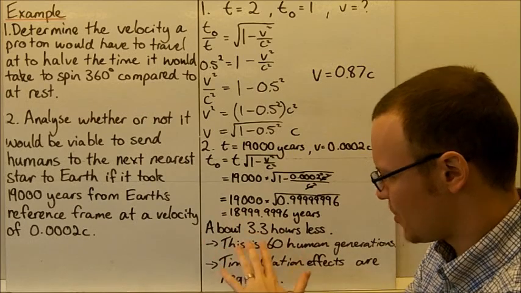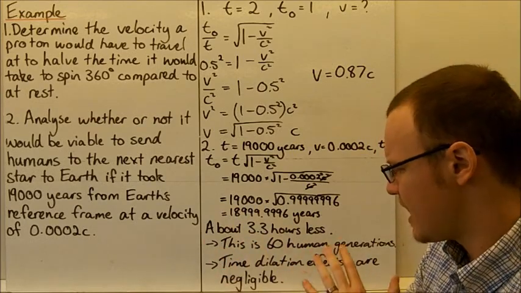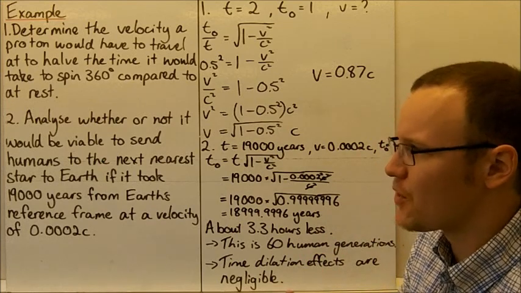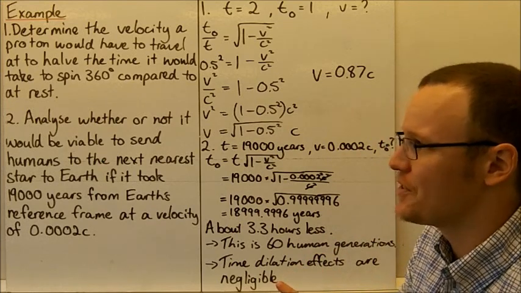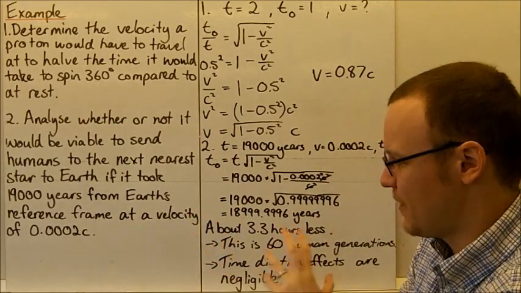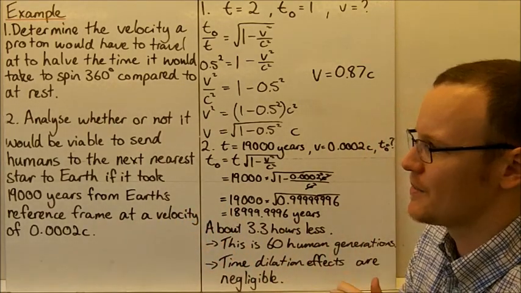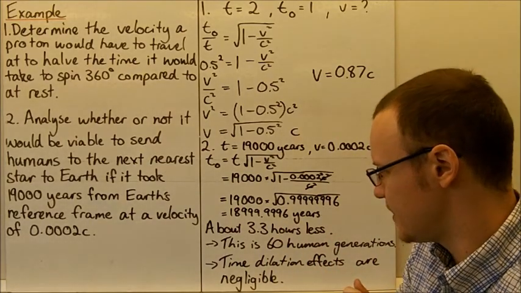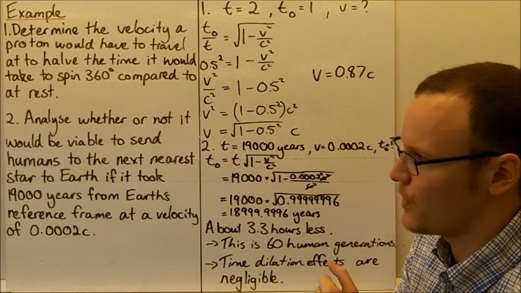So this amount of time is 60 human generations. The time dilation effects are negligible unless you've got a large population on this ship. It's going to be very, very difficult to maintain the 60 human generations needed in order to travel to this star 4.5 light years away.